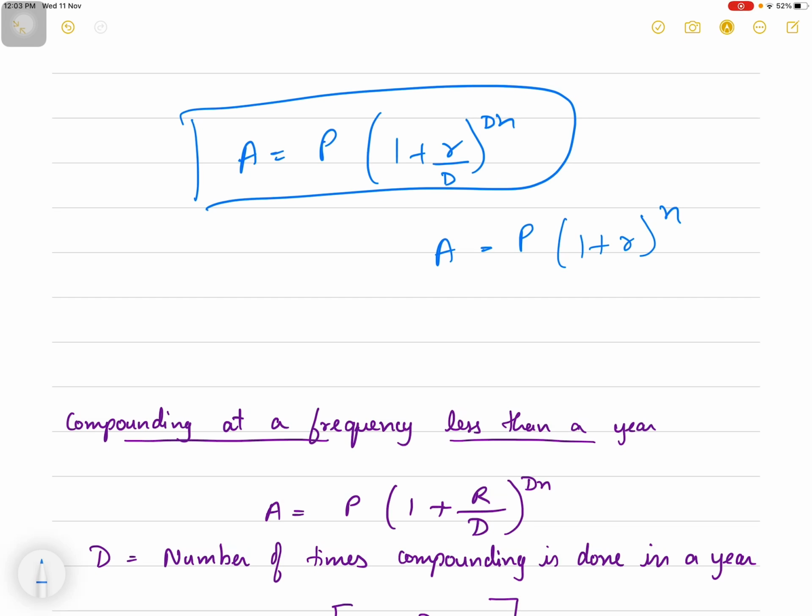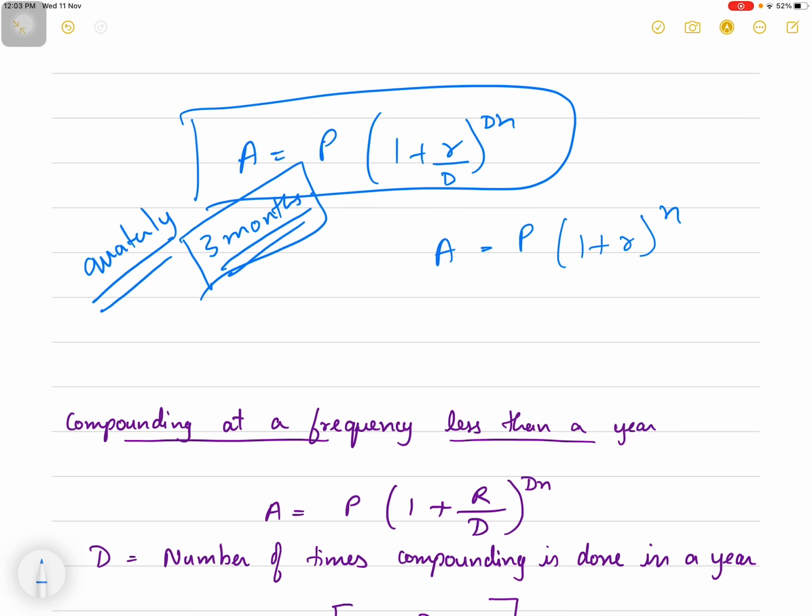But if the compounding is done quarterly, then there is a D. D is number of times the compounding is done. If compounding is done quarterly, it means compounding is done every 3 months. So every 3 months means in a year the compounding is done 4 times.